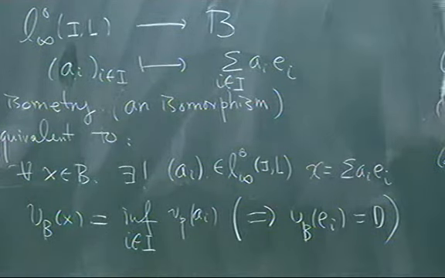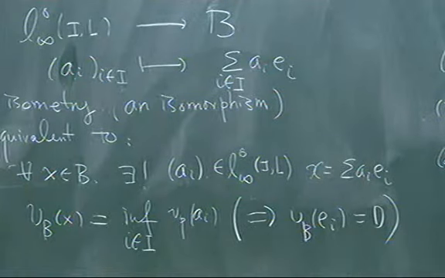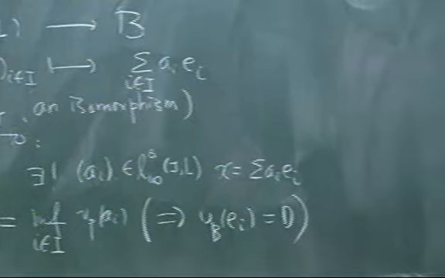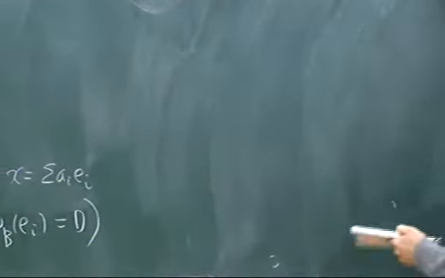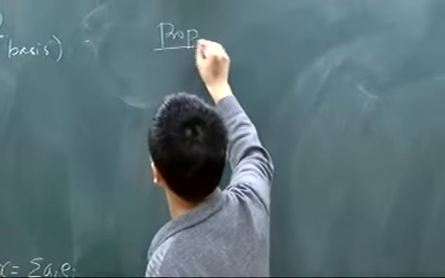Basically, what we need in Banach space is this orthonormal basis. We also need something about the dual and other things. So the first thing is a proposition.